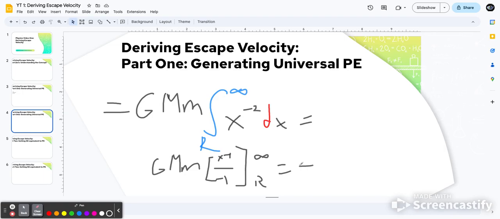Eventually you get negative G mass 1 mass 2 times 1 over infinity minus 1 over r.